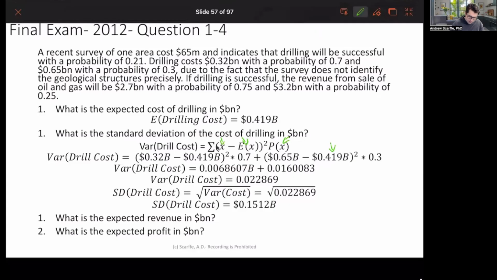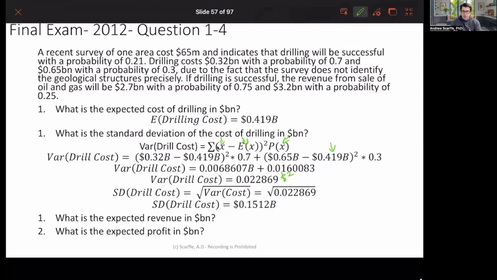This will give us a variance of our drill cost. This is going to be in billions of dollars squared, which doesn't make a lot of sense, but we'll take the square root then of the variance, and we'll get a standard deviation of our drill cost to be 0.1512 billion dollars.